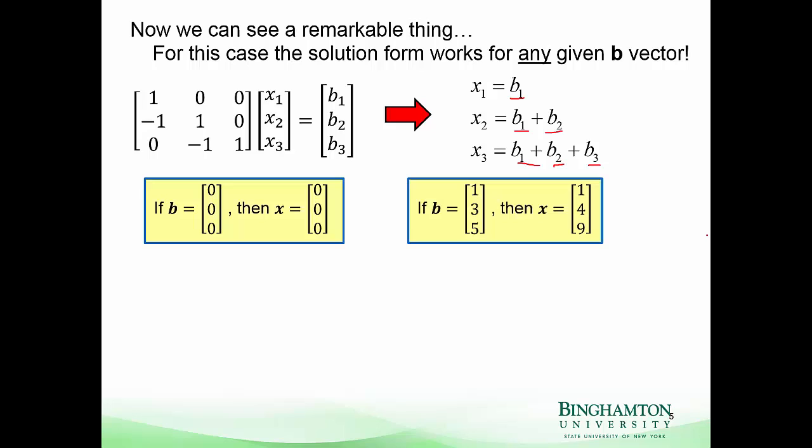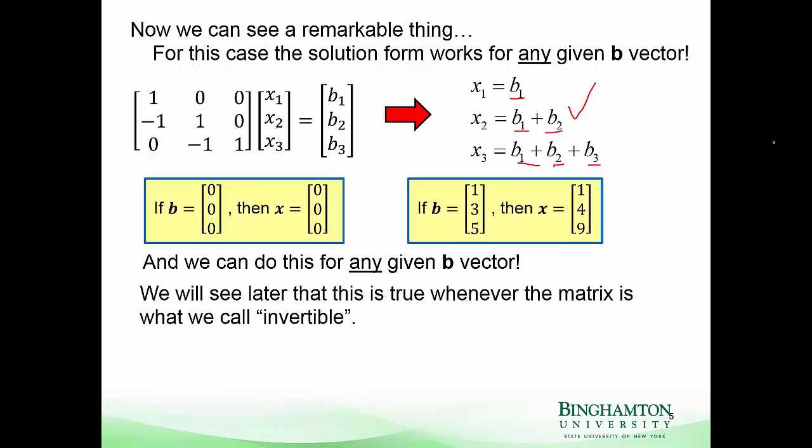If, on the other hand, I pick b equal to 1, 3, 5, then it's easy to apply this set of equations to find what the x1, x2, and x3 values are, and write them down. And we can do this for any given b vector.